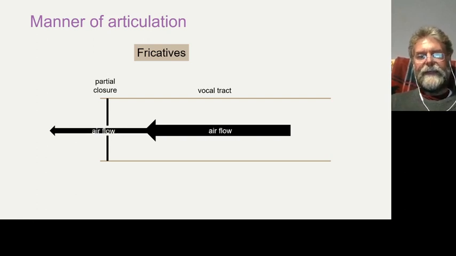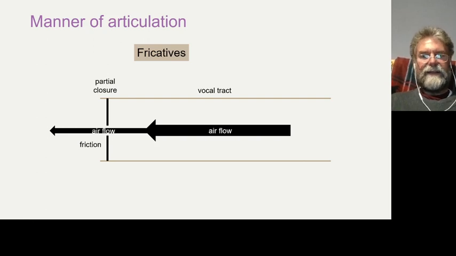As air is forced through that gap, we get a kind of hissing sound, because we're causing friction of the air molecules trying to be forced through a gap which is too small for them. For example, s is a fricative, whereby we make a small gap using our tongue on the alveolar ridge, causing the air to be forced through it. We get that hissing sound.